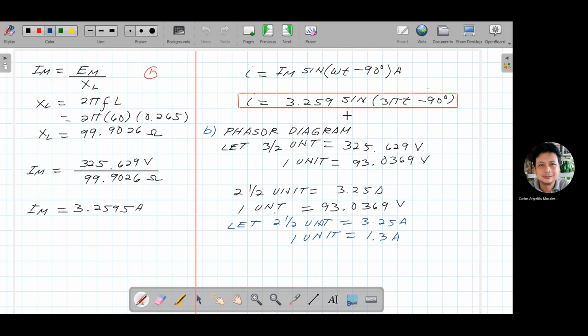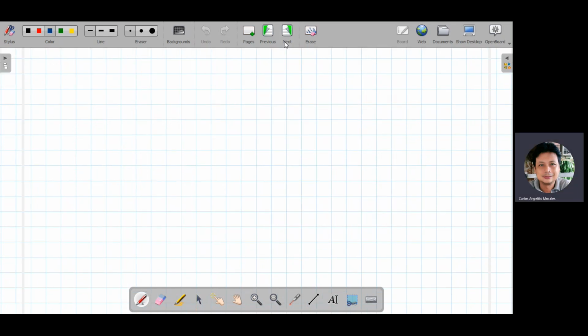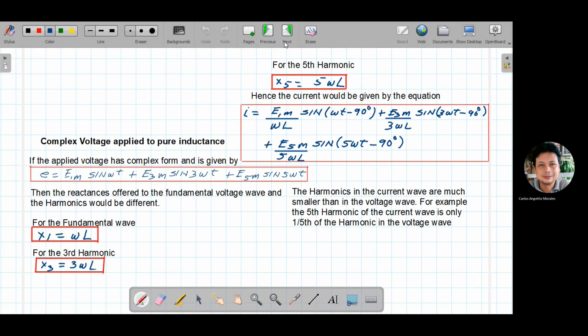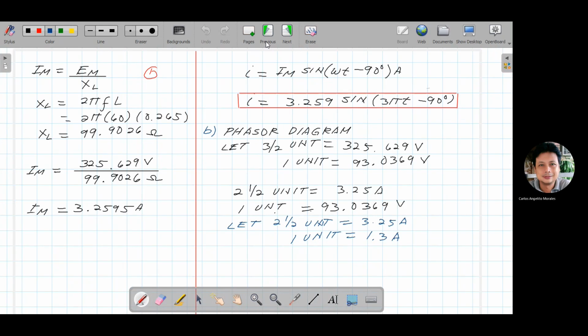No? Sumunod yung phasor diagram naman. So, let 3.5 unit equals 325.629. 1 unit is 93.0369. At yung isa naman, 3.25, gumagawa ako ng ratio. Okay?